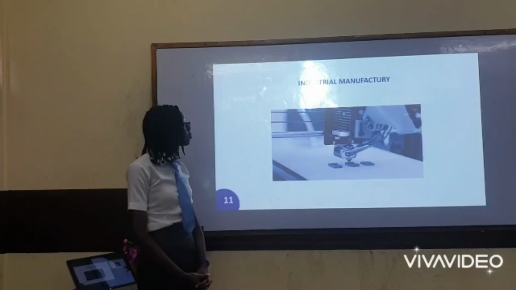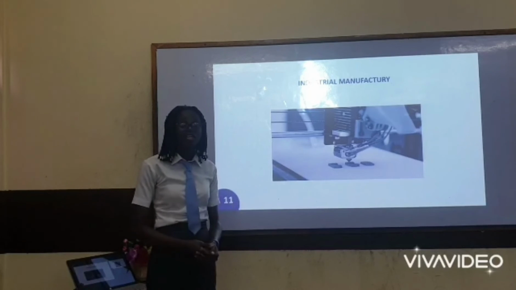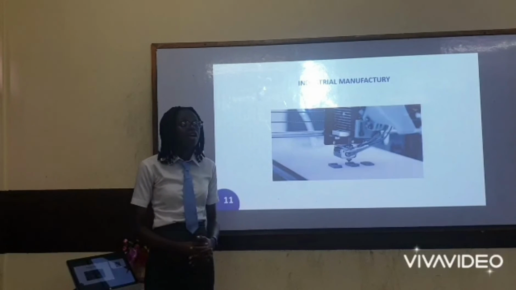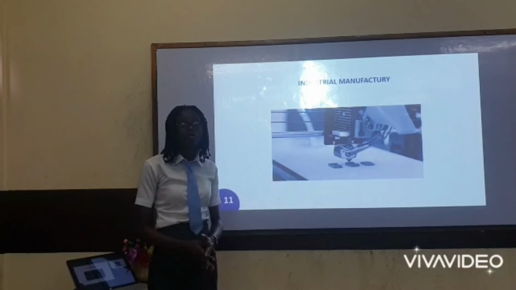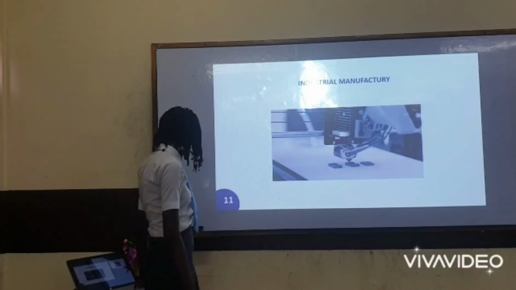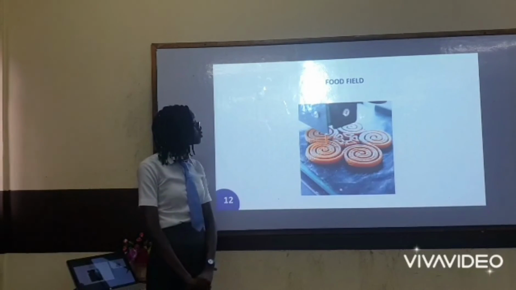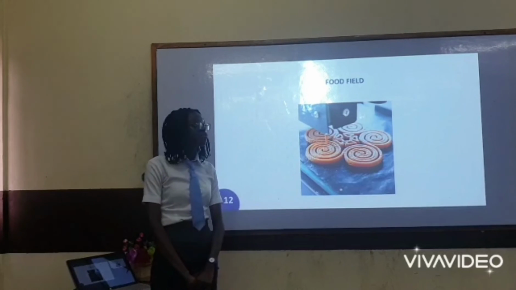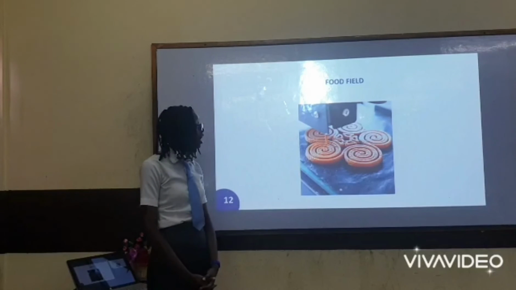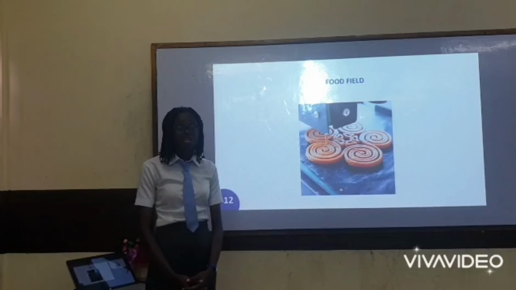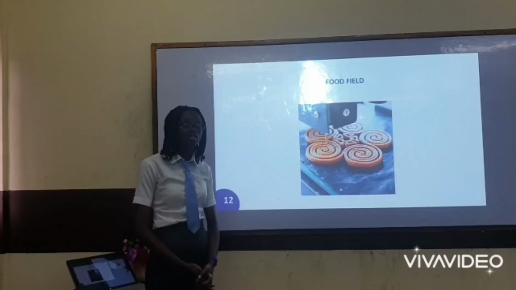Industrial manufacturing uses 3D printing to make specific parts and devices for the machines that they want to make or produce. Then finally we have the food field. Effectively, with 3D printing, chefs are using it to experiment with new kinds of food that we can't even imagine.